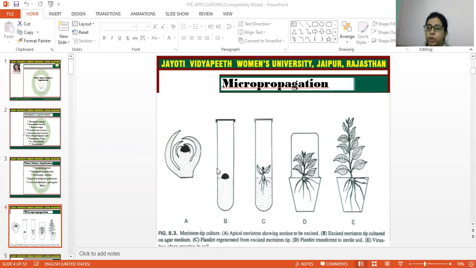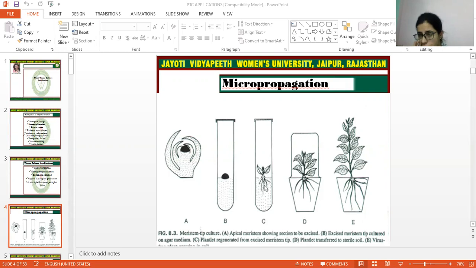But if you are going for root culture, you shift your in vitro prepared shoots into a root culture medium which does not have cytokinin. It will have auxin, like NAA, and the media concentration should be optimum, which is half strength. So you prepare a complete plantlet with in vitro grown shoot and in vitro grown root.